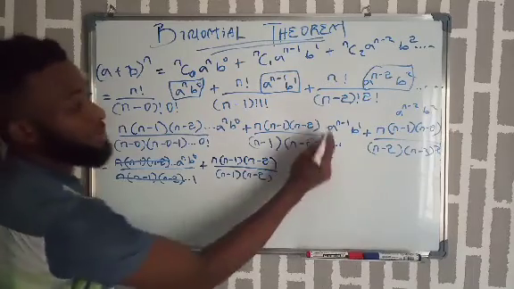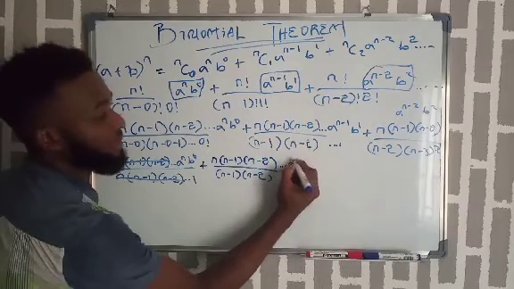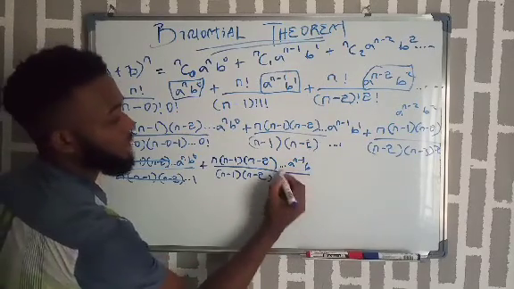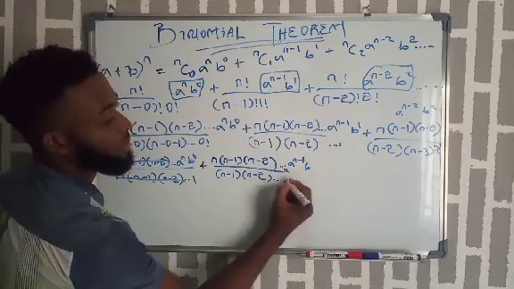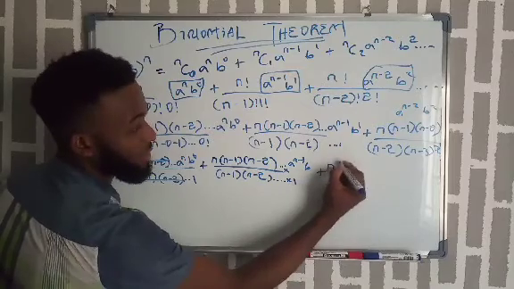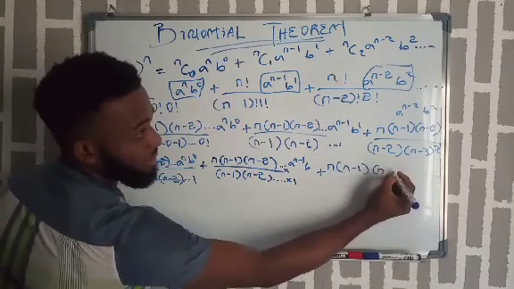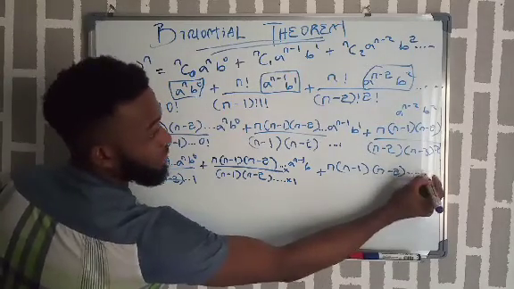I told you there are a lot of numbers inside here before you get here. So this is a^(n-1) b over, still part of this. This is also multiplying 1, and this becomes plus n into n minus 1, n minus 2, and so on and so forth.